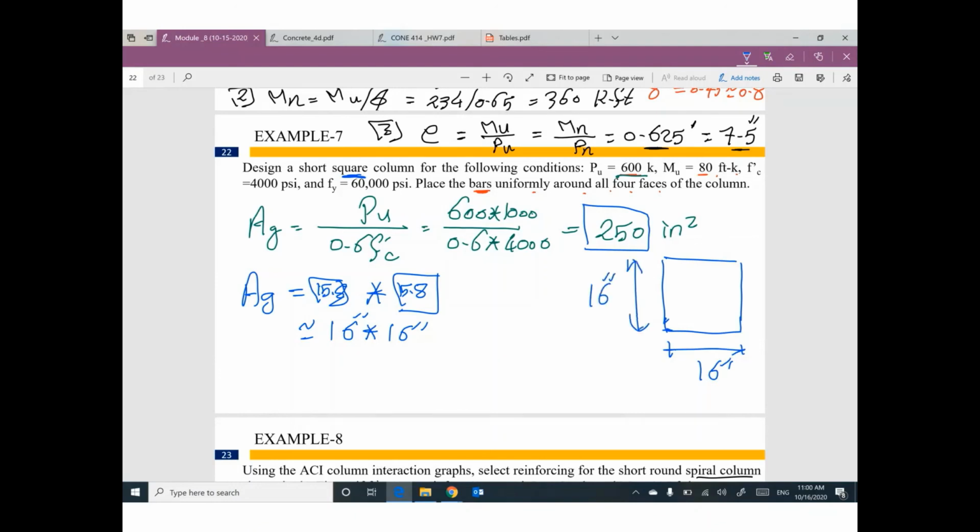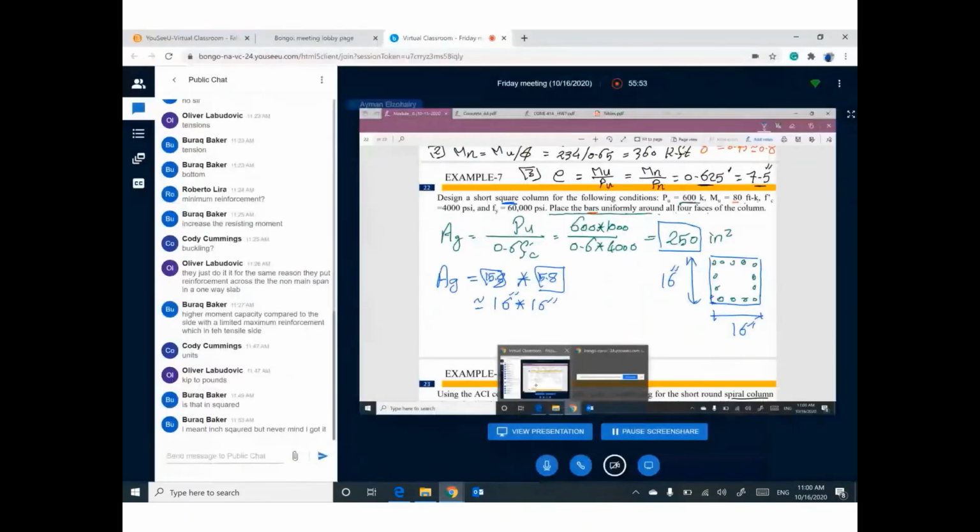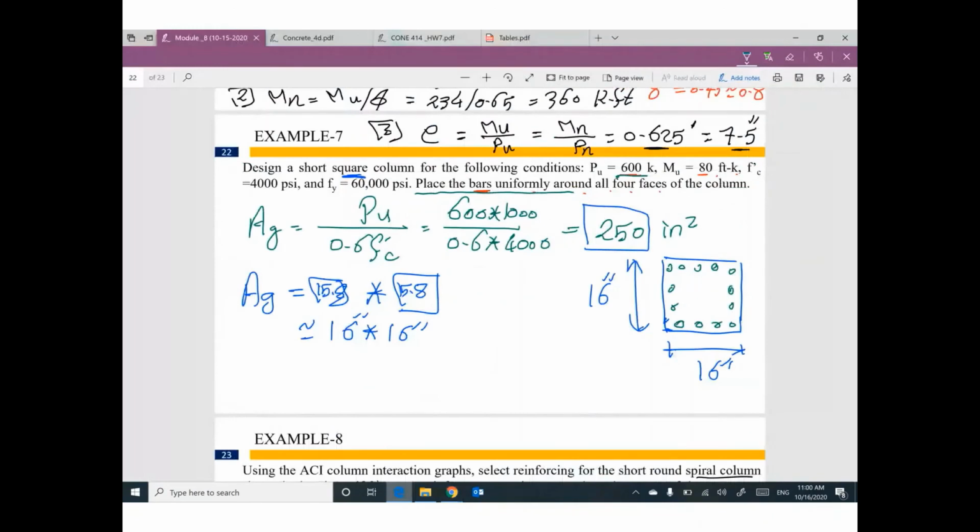And the problem said the steel reinforcement will be uniformly distributed. So your steel reinforcement looks like this. Guys, the distance between this reinforcement and this edge, I'm gonna assume it 2.5.